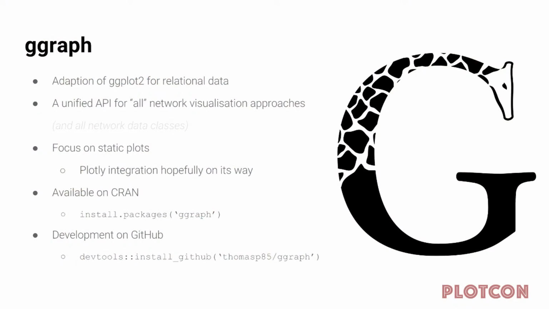So this is a focus on static plots. This is different from a lot of the things that we have seen today, but I'm planning to have some Plotly integration at some point. But I also really feel that a fantastic static plot can be just as powerful as a not so fantastic interactive plot.